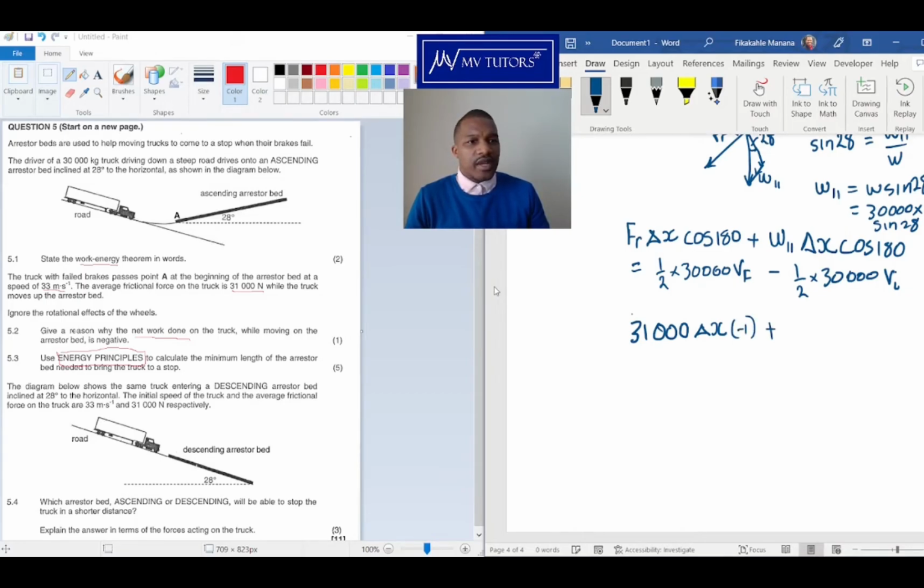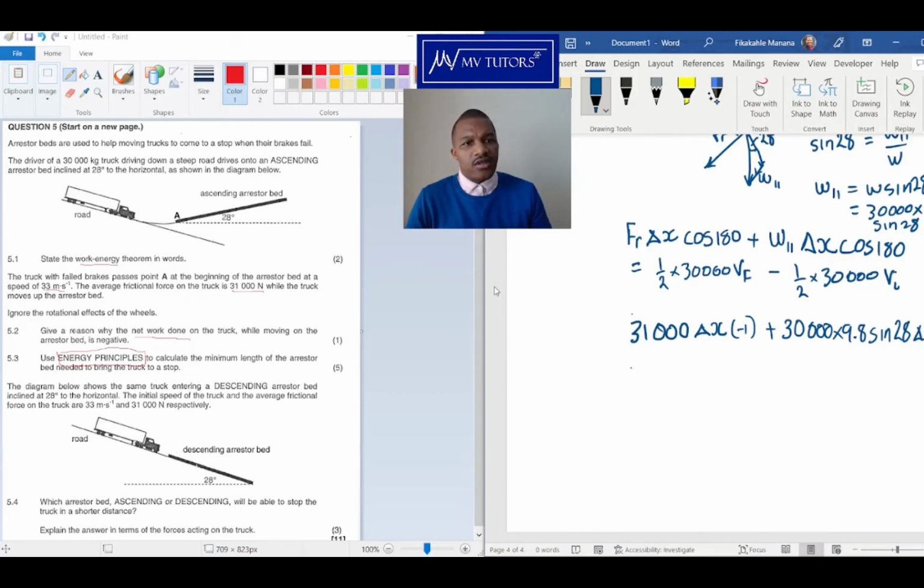So I'm just going to put that, plus the weight parallel component, which is 30,000 times 9.8 times sine 28, and then the change in distance, and then cos 180 once again is -1.